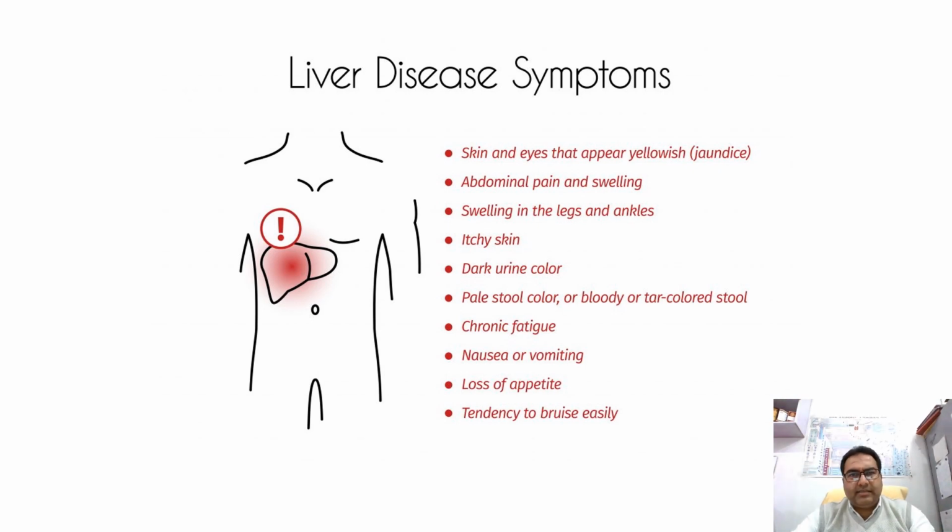Liver disease symptoms can be skin and eyes that appear yellowish because of jaundice, abdominal pain and swelling in legs and ankles, then itchy skin, dark urine, pale stool color, or bloody or tar colored stool, then chronic fatigue, then nausea or vomiting, loss of appetite, and tendency to bruise easily. So these are the symptoms which one can detect that something is not good for the liver, and one can consult the doctor.